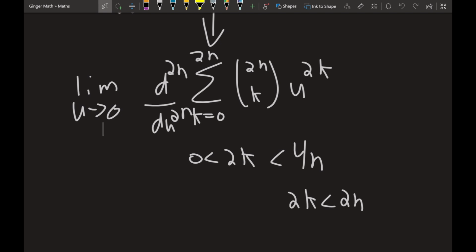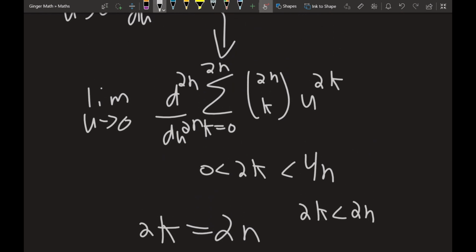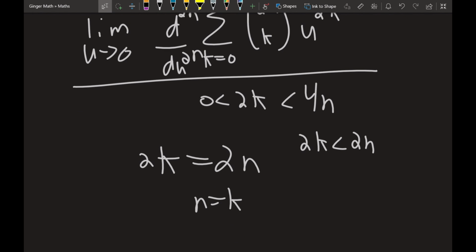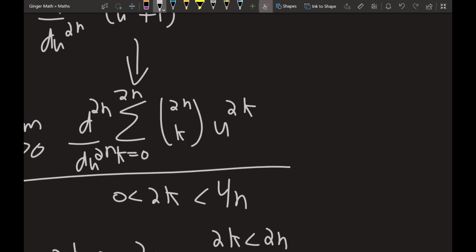Basically, the only term that's not going to go to 0 is when 2k is equal to 2n, or k equals n. Because of that, we can take our binomial formula and just set k equals n and drop the summation and the limit.